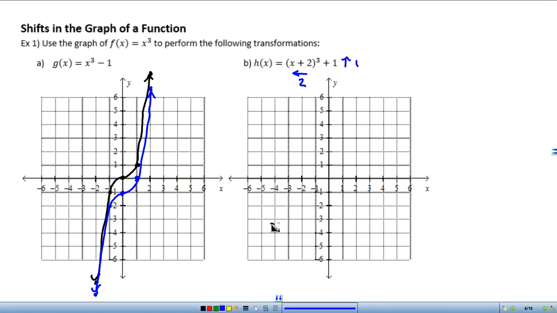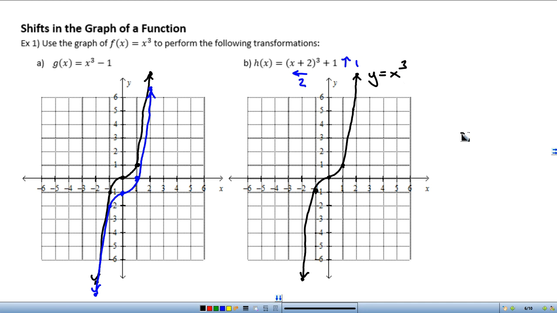So drawing our traditional y equals x cubed, that's your traditional y equals x cubed.